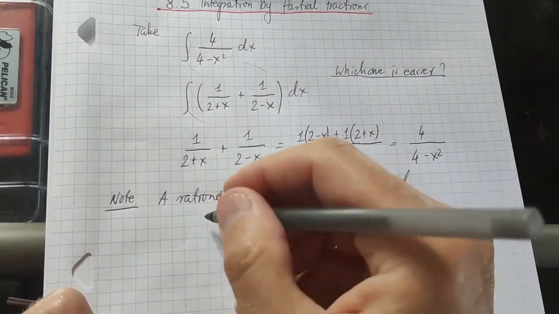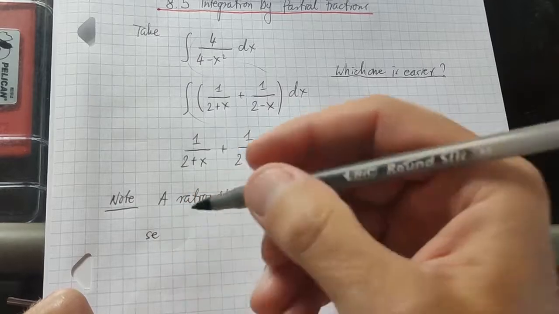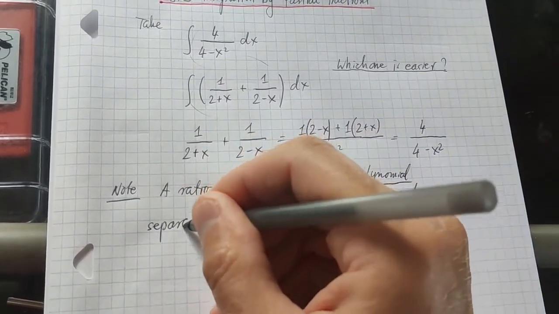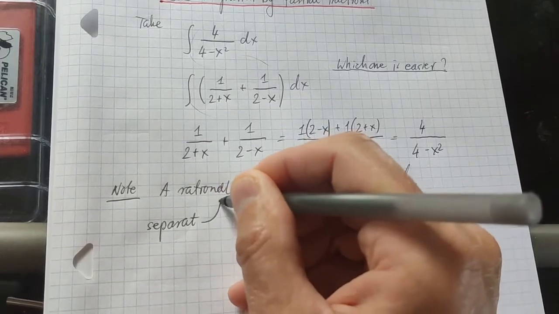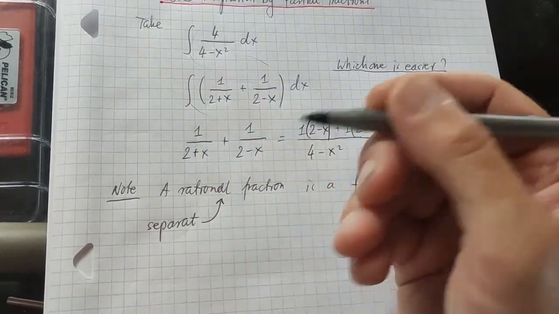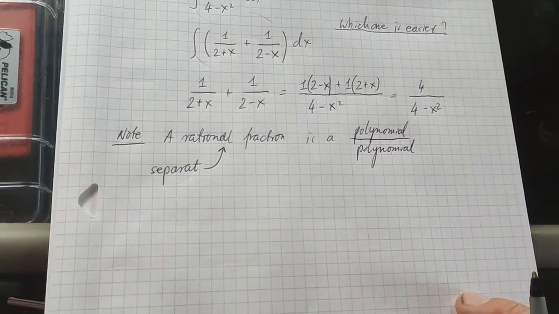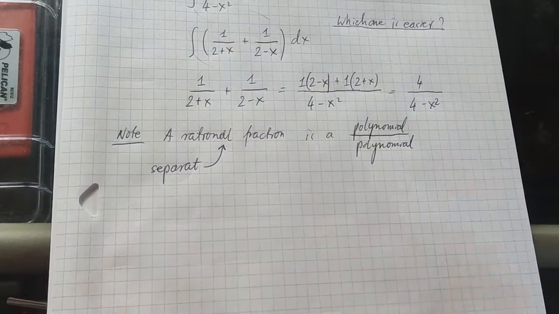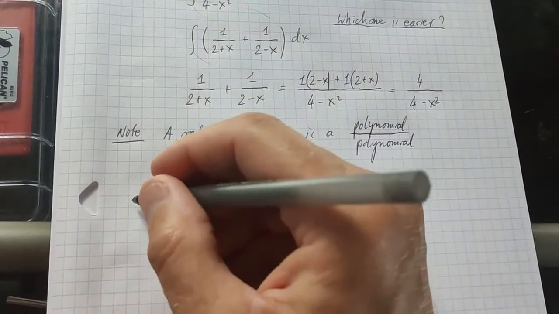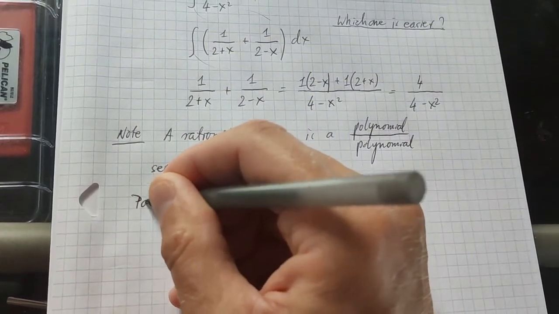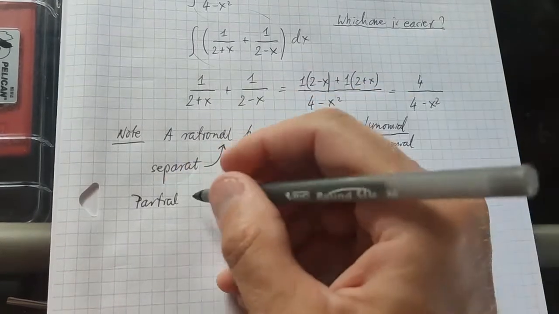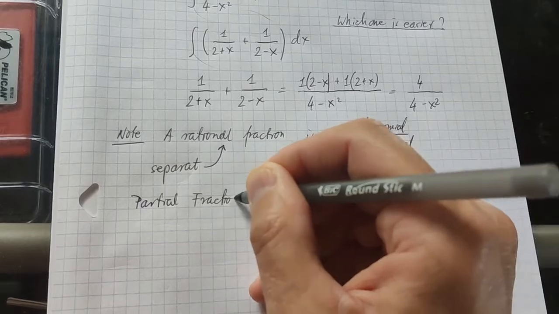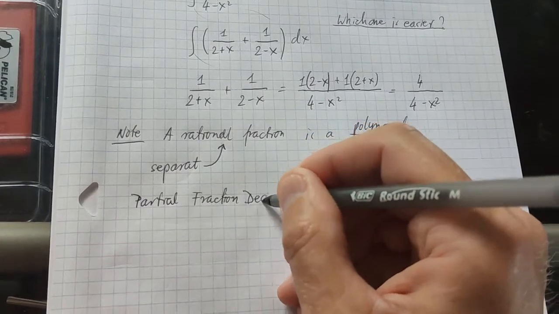What we'll be doing is separating or decomposing those fractions. We'll take the tools that we have, algebra mostly, and separate those algebraic fractions or rational functions. That process is called partial fraction decomposition.